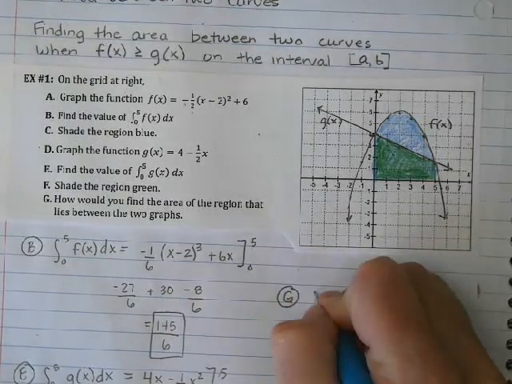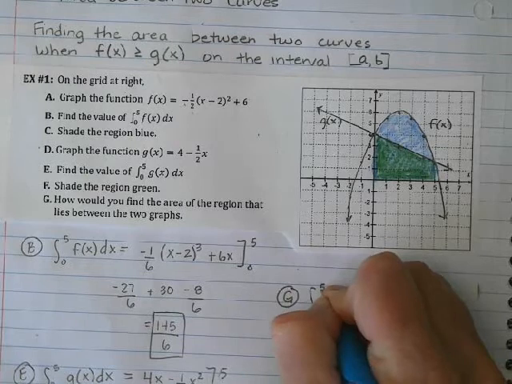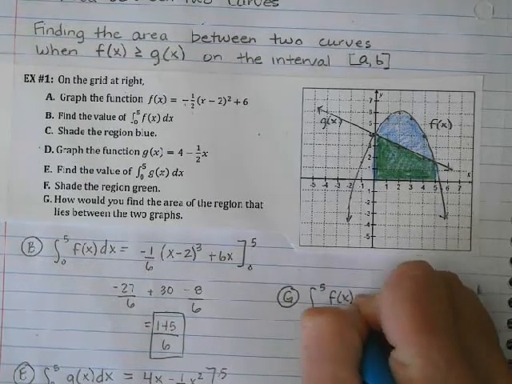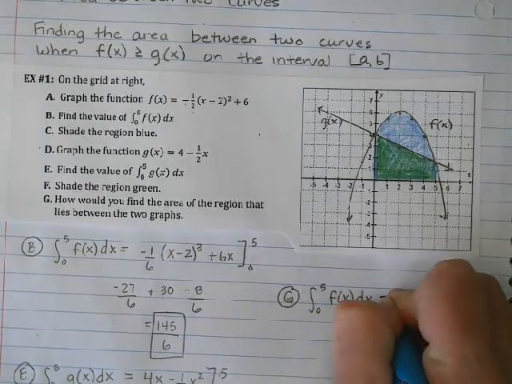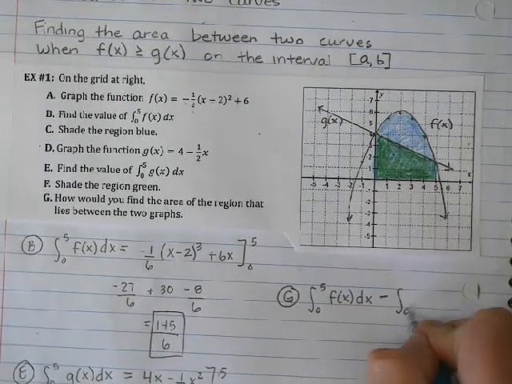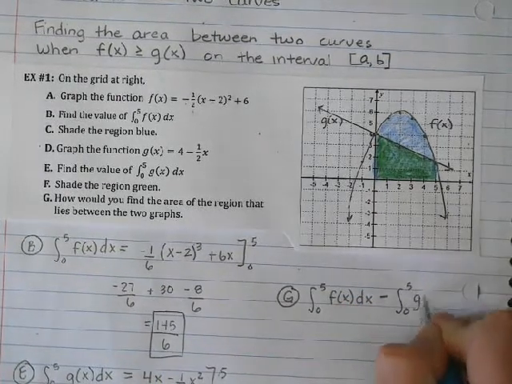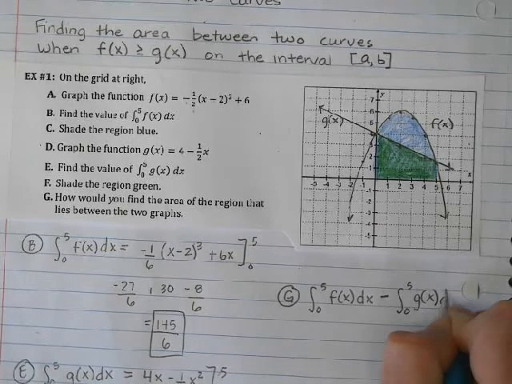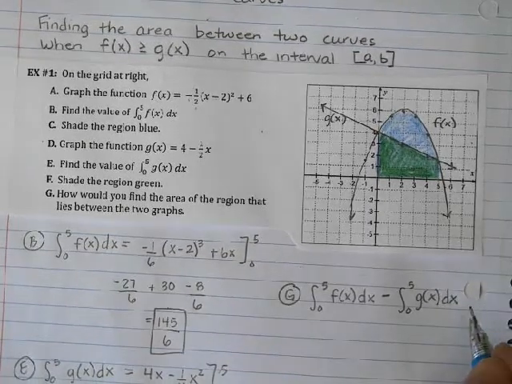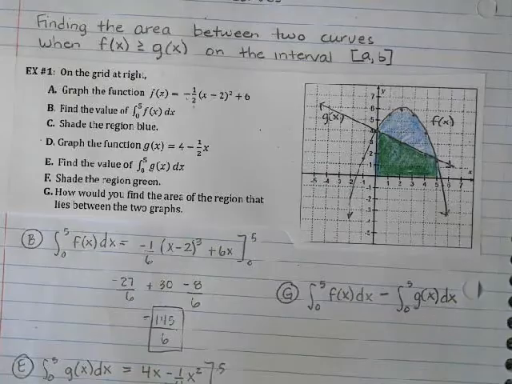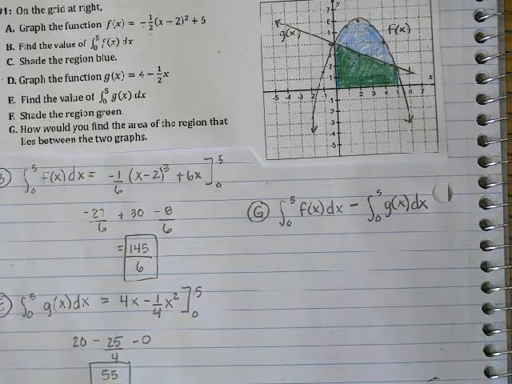Okay, so we're going to say from 0 to 5, f of x dx minus 0 to 5 g of x dx. And we could just subtract those areas, which I didn't do yet, and we would have the area in that final region right there.